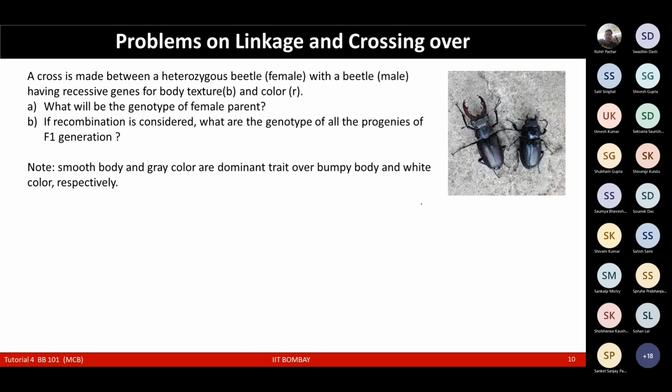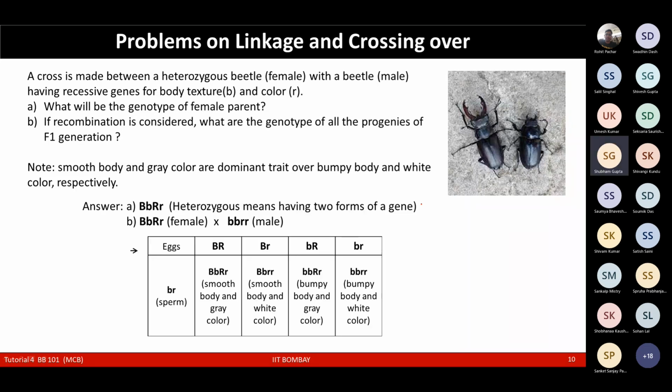If recombination is considered, what will be the genotype of all the progenies of the F1 generation? Capital B, small b, capital R, small r, then there will be more, like small b, small r. Yes, it's true. Simple actually, that we have also discussed in the previous slide.